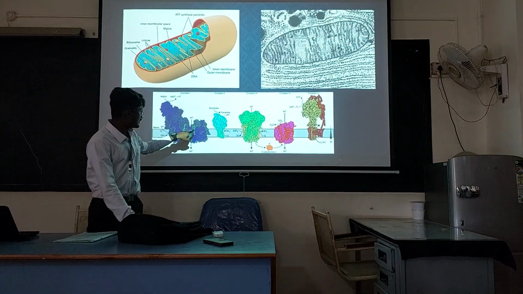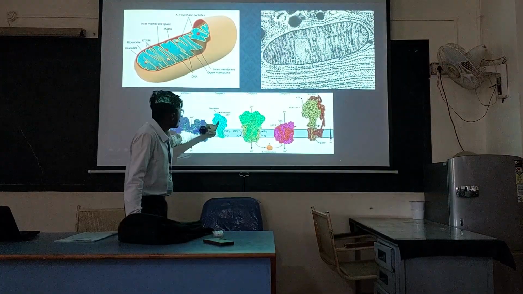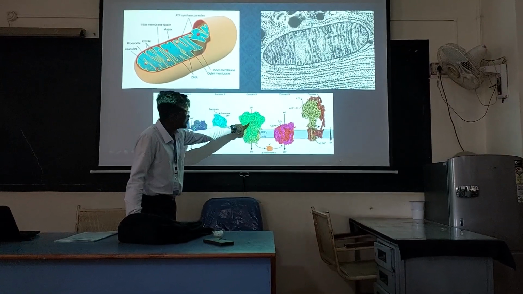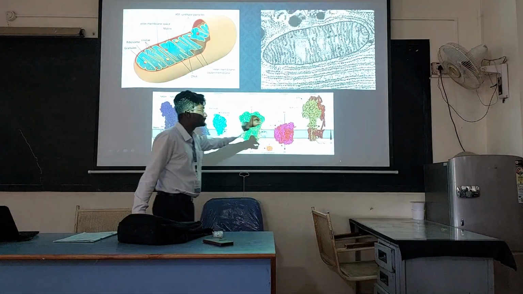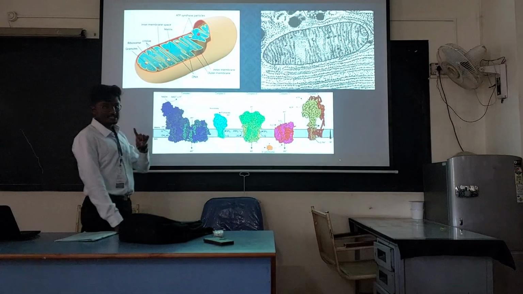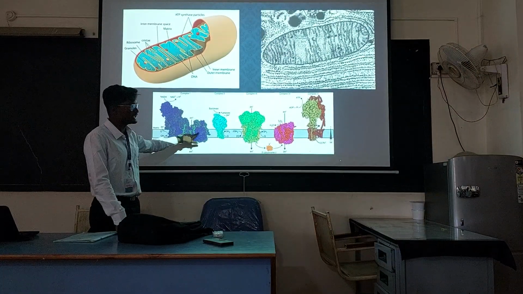This protein is called complex 1. This protein is called complex 2. This is complex 3, complex 4 and complex 5. It is also called as oxygen. The NADH plus and FADH2 are going to the inner membrane.